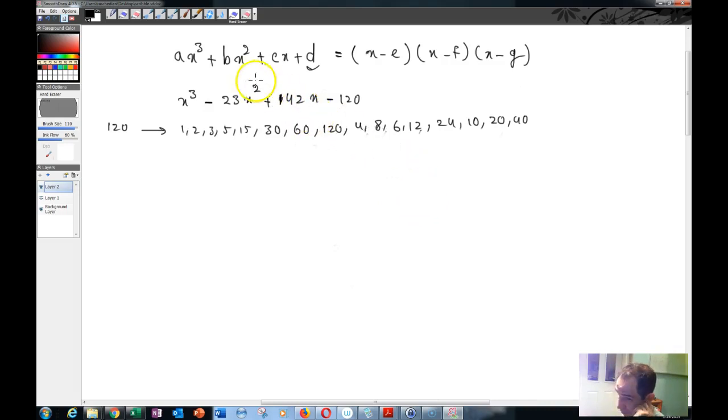So you need to actually start with one of these numbers. For example, if I call this p of x is equal to x cubed minus 23x squared plus 142x minus 120.